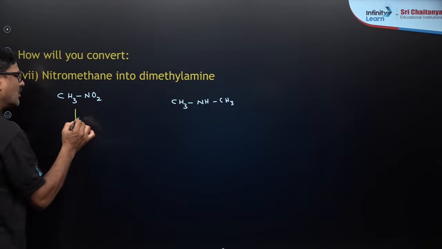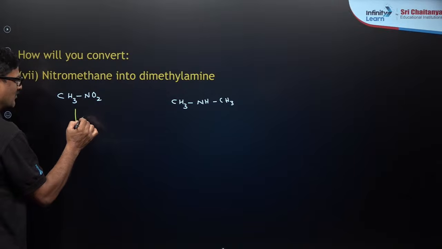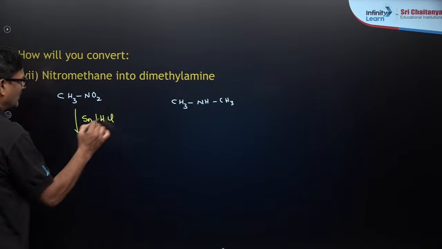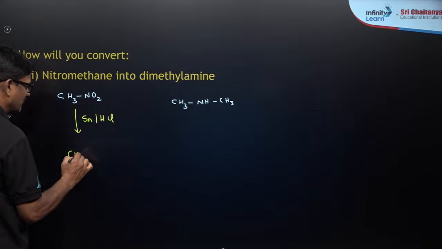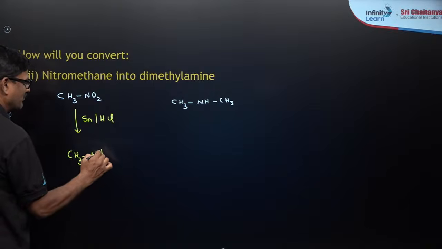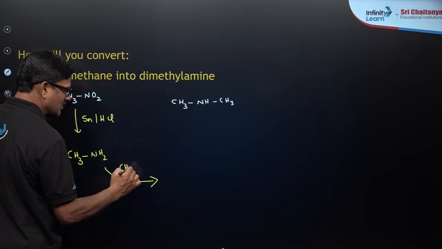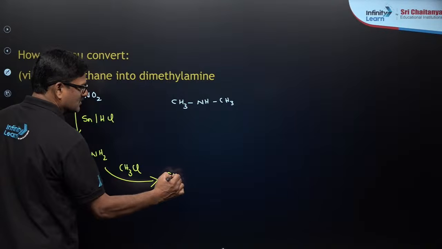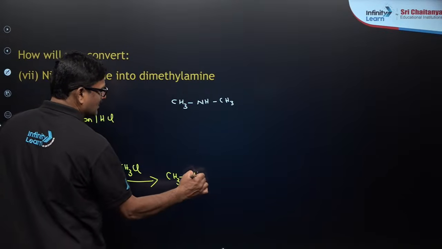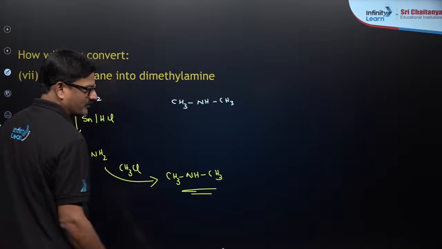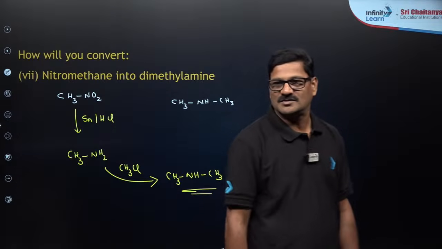NO2, I want to reduce it by using Sn/HCl. You are going to get CH3NH2. Now he is very happy to handle this CH3Cl. Now CH3NH, Hoffmann ammonolysis. Any doubt, bachcho?